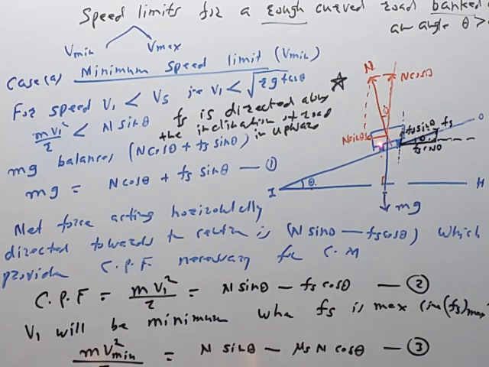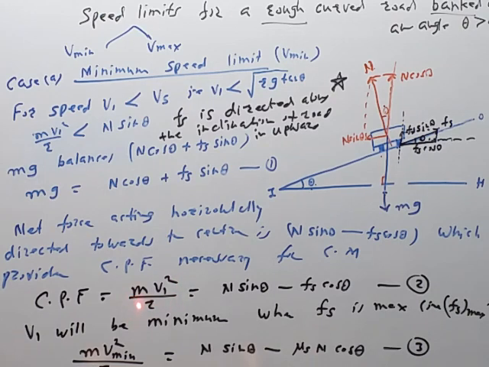One force is N sin theta in this direction, and the other force is Fs cos theta in this direction. So they are in opposite directions. One is toward the center, the other is away from the center. So their resultant, N sin theta minus Fs cos theta, is the net force which provides the centripetal force for safe driving of the vehicle along a curved road.